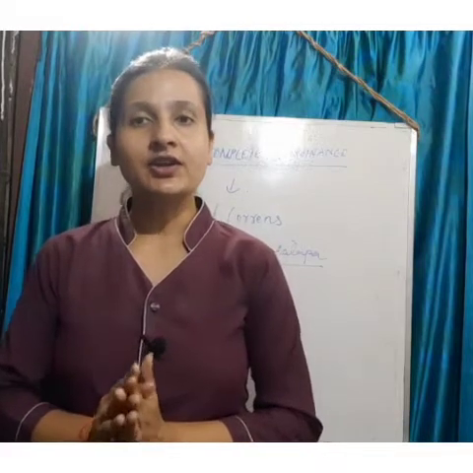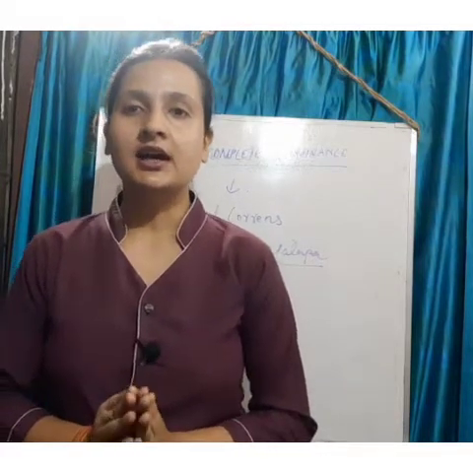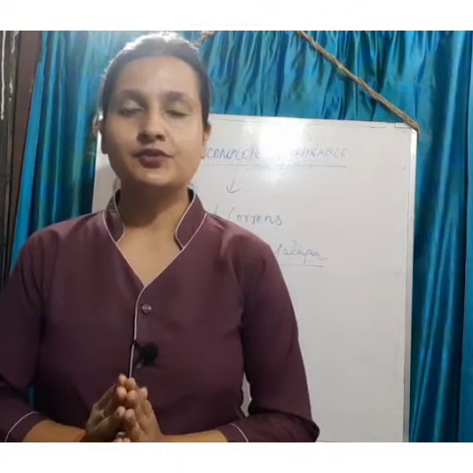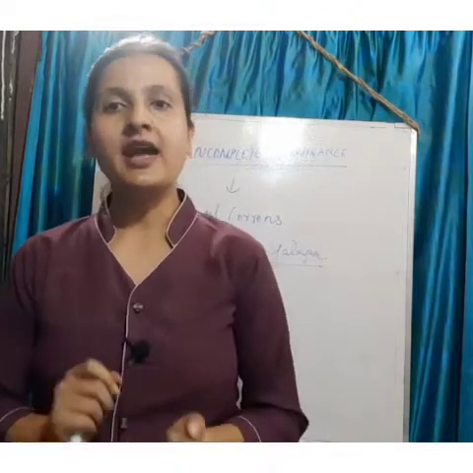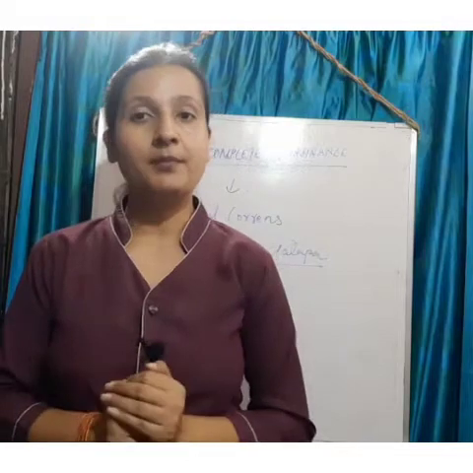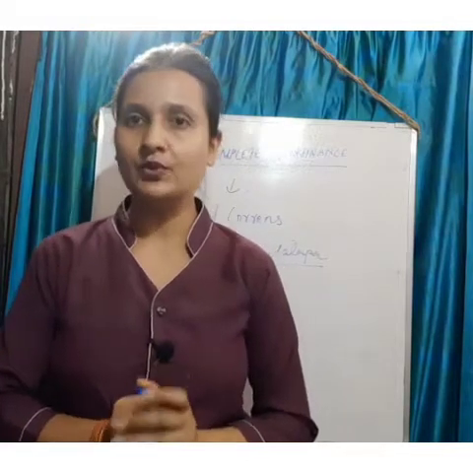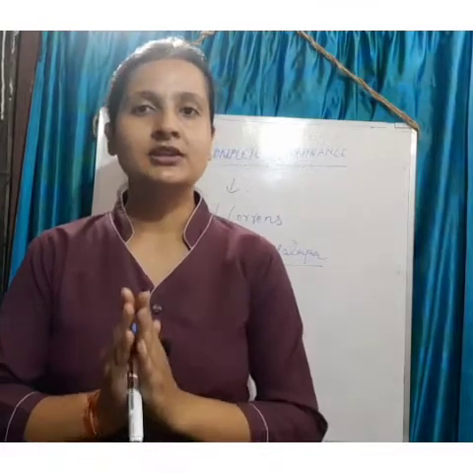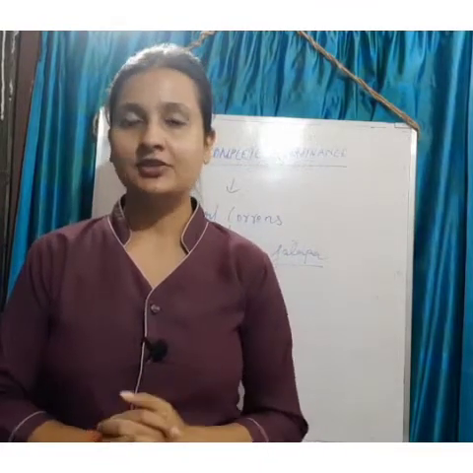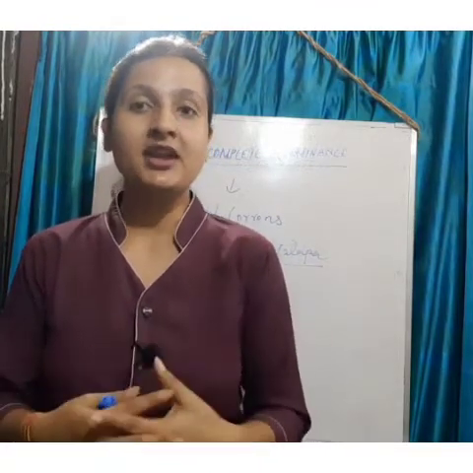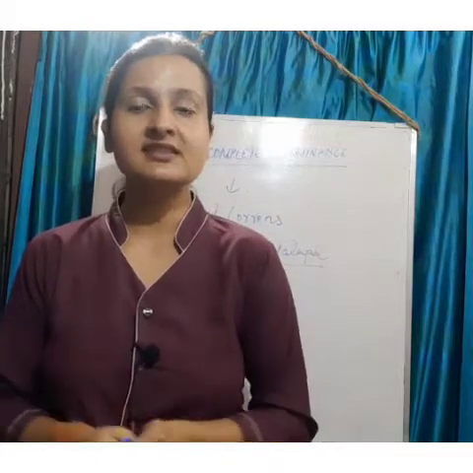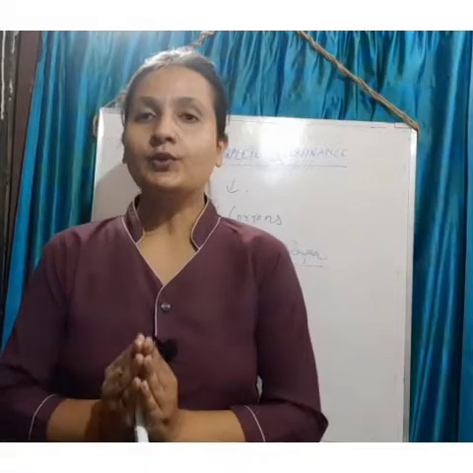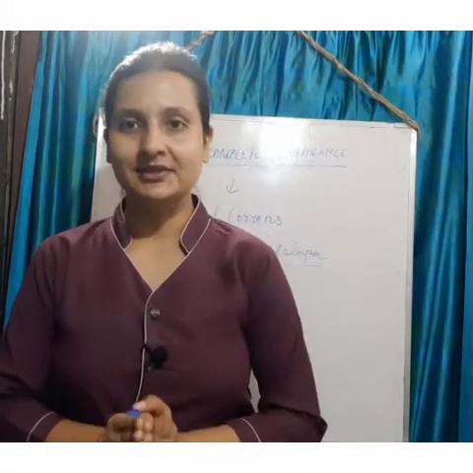Here he tried crossing a plant with red flowers and one with white flowers, and the result he found was different from what Mendel's experiment said. So what was that? Let us learn about this.